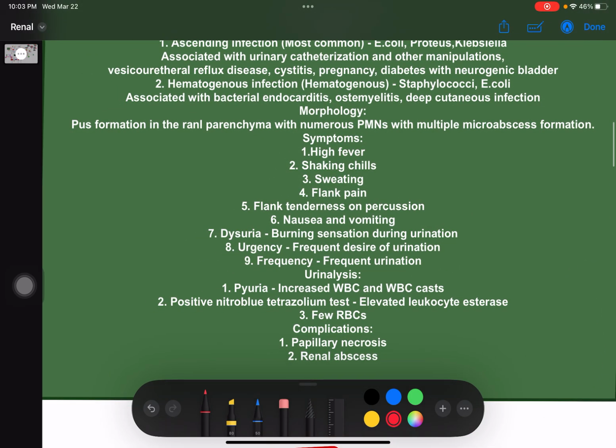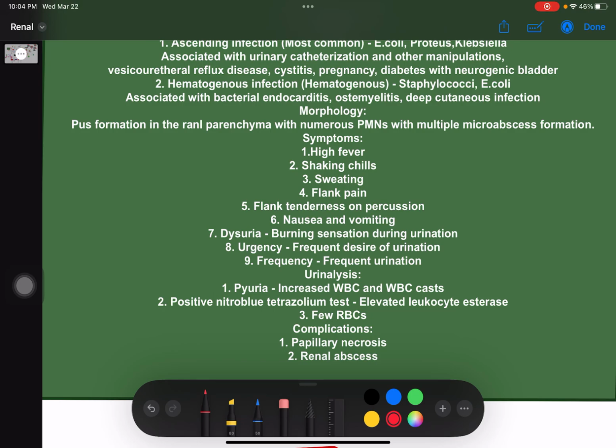Morphology includes pus in the renal parenchyma, with a lot of polymorphonuclear neutrophils and multiple microabscesses in the kidney, and the tubules specifically.